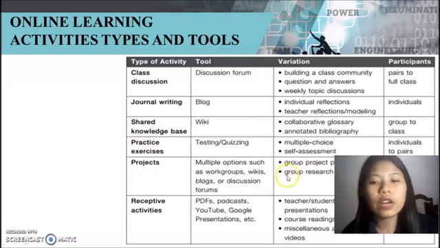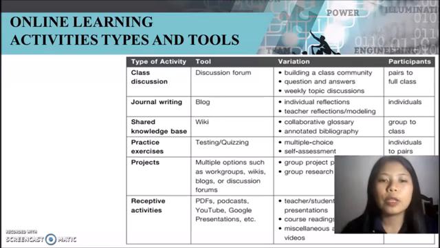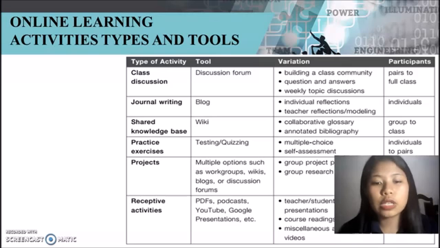Projects here are a variation of group project presentation or group research project. The participants are individuals to pairs to class. The tools here that can be used are multiple options such as workgroups, wikis, blogs, or discussion forums.